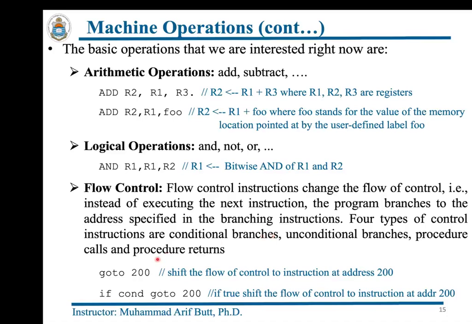But for the time being, this instruction go to 200 is basically an unconditional jump, which tells the processor to shift the control of flow to the instruction located at address 200. And this is a conditional branch which says if this condition is true, only in that case go to this instruction, otherwise just follow the sequence.